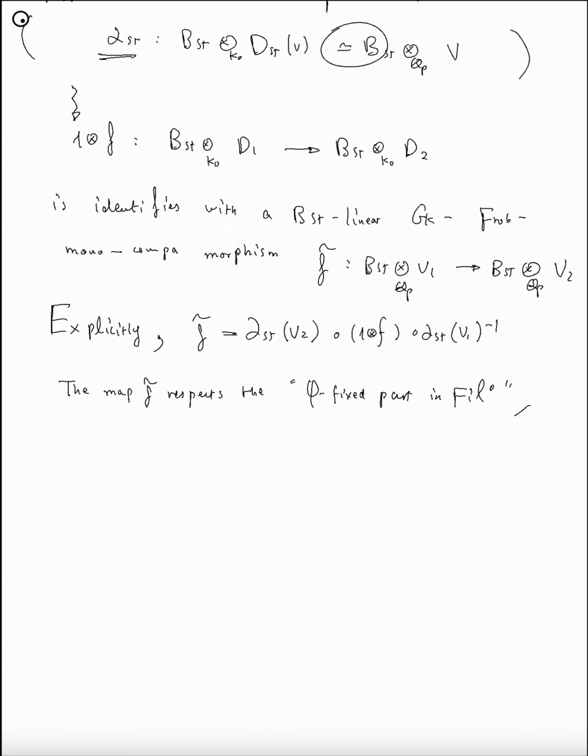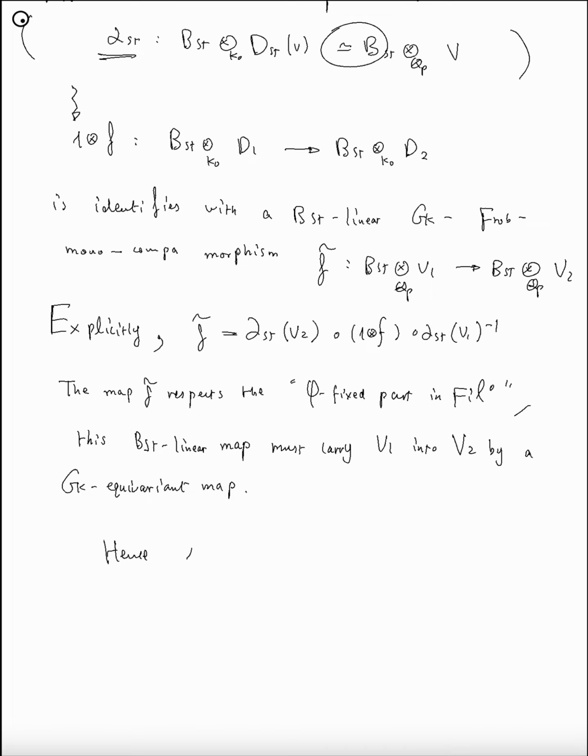In other words, this B_st-linear map must carry V_1 into V_2 by a G_K-equivariant map.